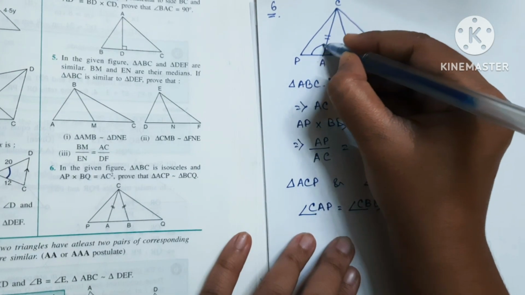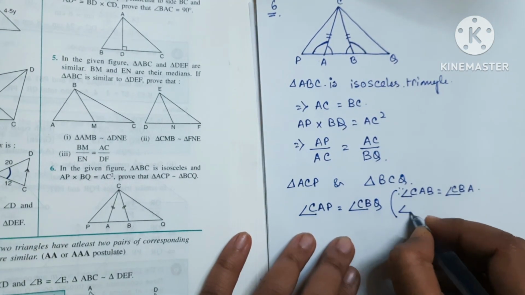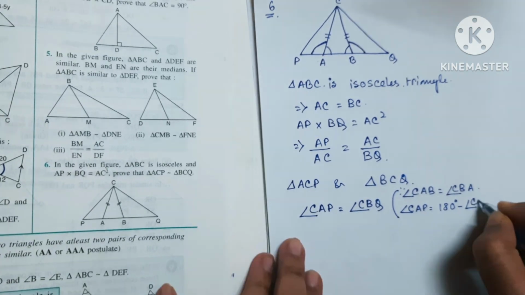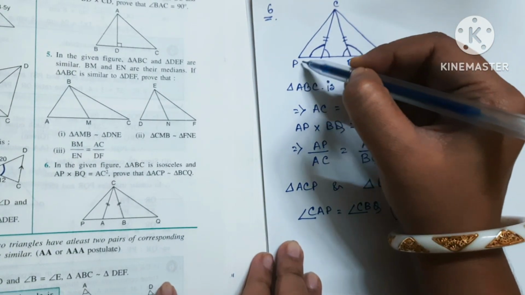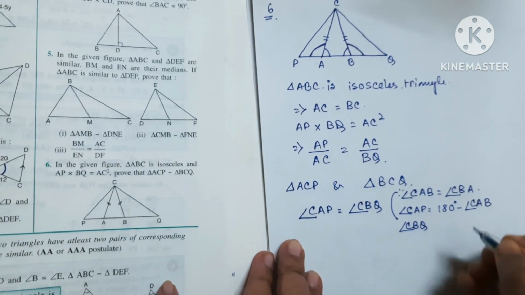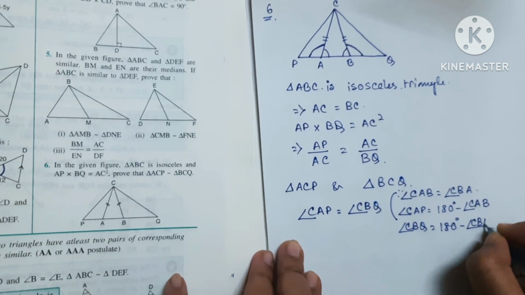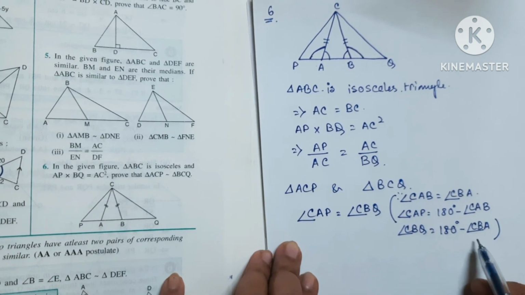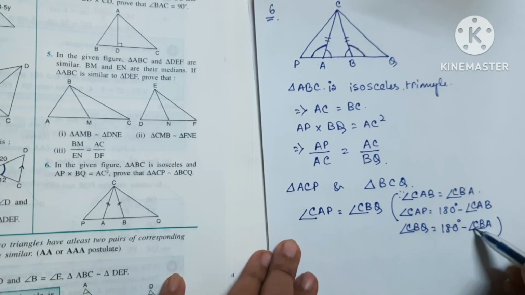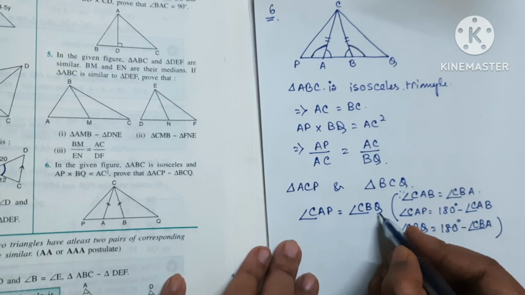Now this is the outside angle, right? Angle CAP is 180 degrees minus angle CAB, and angle CBQ is also 180 degrees minus angle CBA. Since these two are equal, and if you subtract from the same quantity, you will get the same thing, so that means CAP is equal to CBQ.